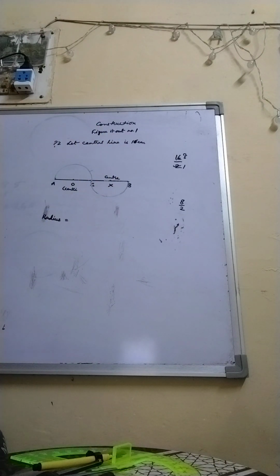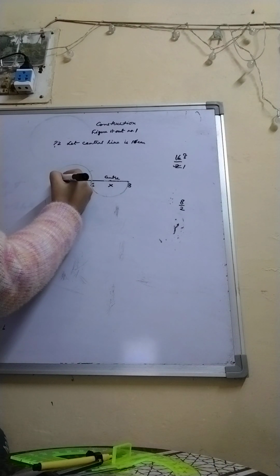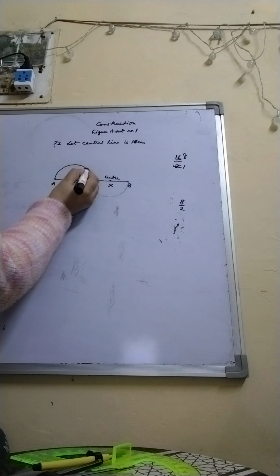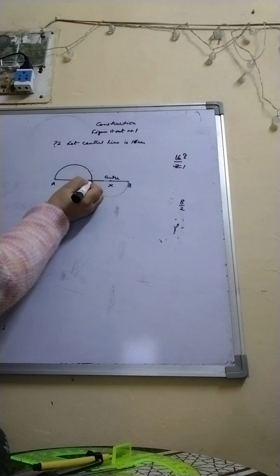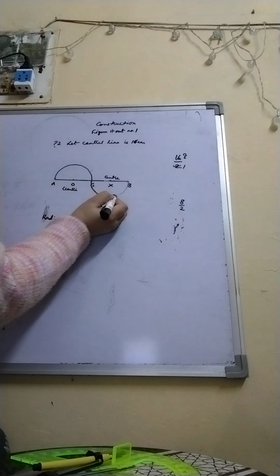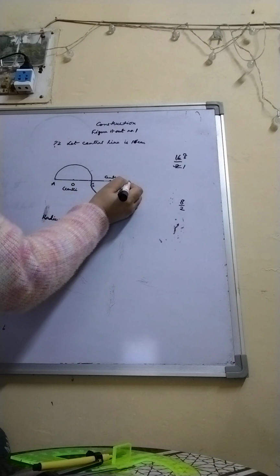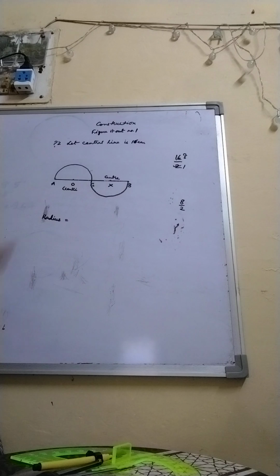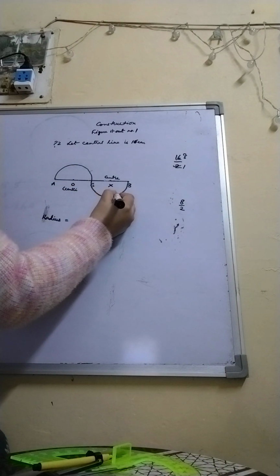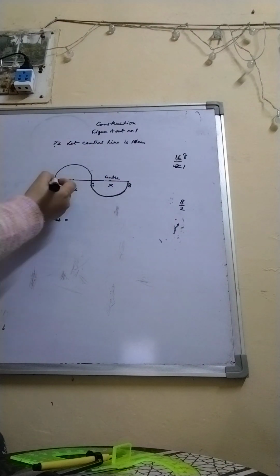So this way you would get the half circle. Let us darken it a bit. Keep in mind your half circle should coincide here. It should look like a wave. So this is your half circle.